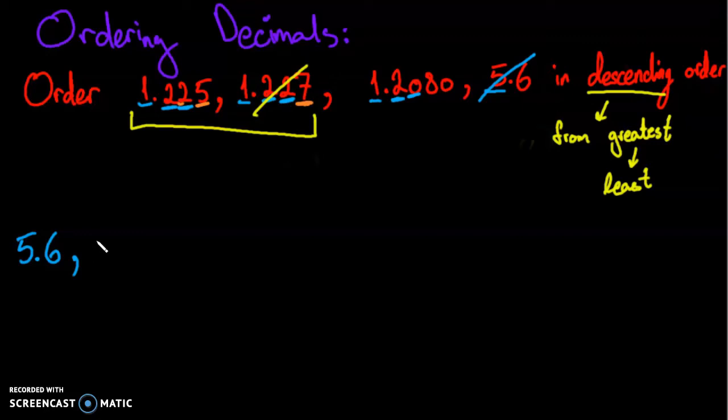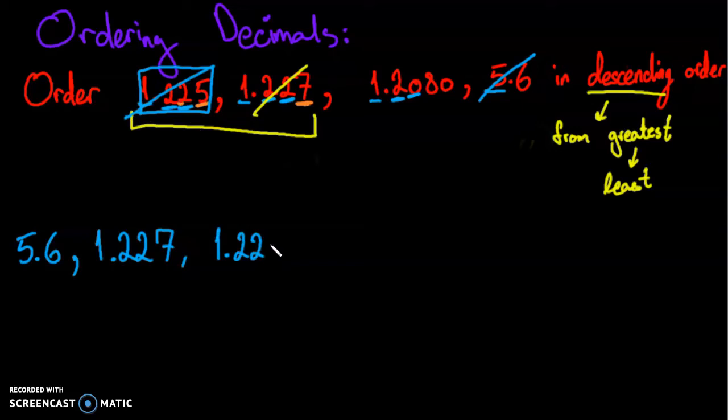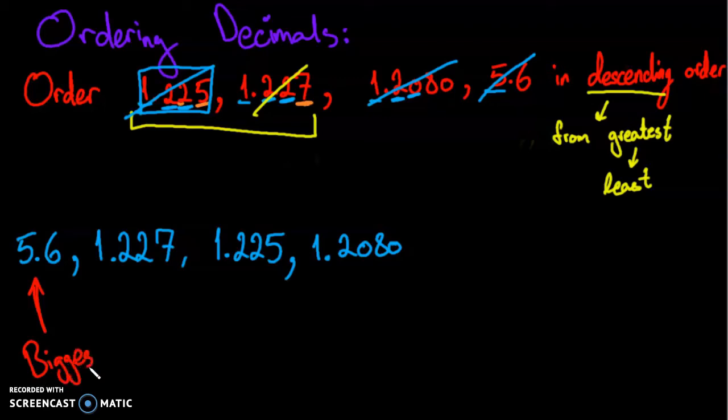So we put that number here, 1.227 first. Then we put this number here, 1.225, and the last number is 1.2080. This is in descending order, which means that this is our biggest number, and this is our smallest number.